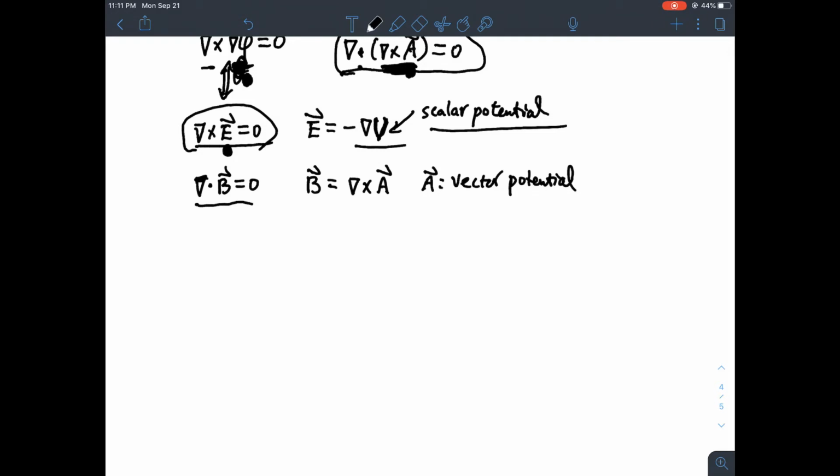So by looking at this formula, we can define a vector potential.